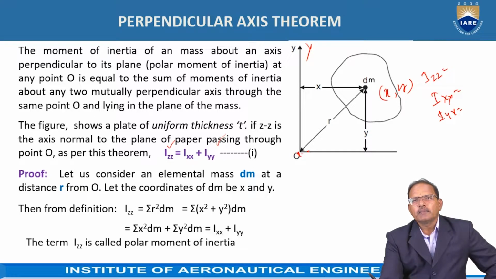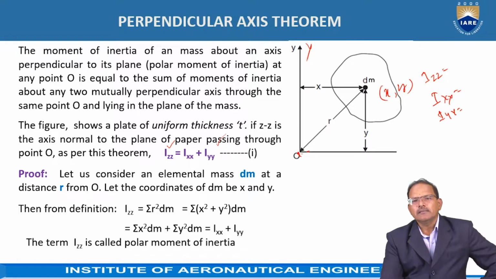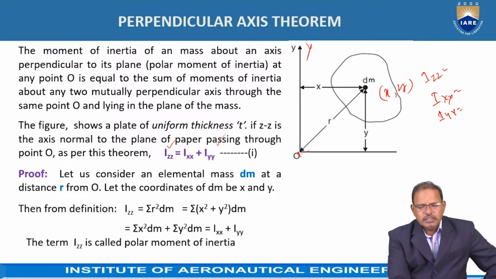Now, according to the perpendicular axis theorem, Izz is equal to Ixx plus Iyy. Mathematically, Izz is equal to the sum of r square dm. According to the right-angled triangle, r square is equal to x square plus y square.